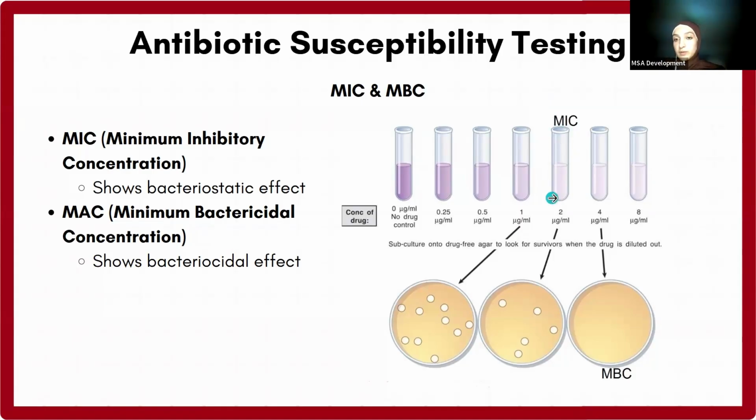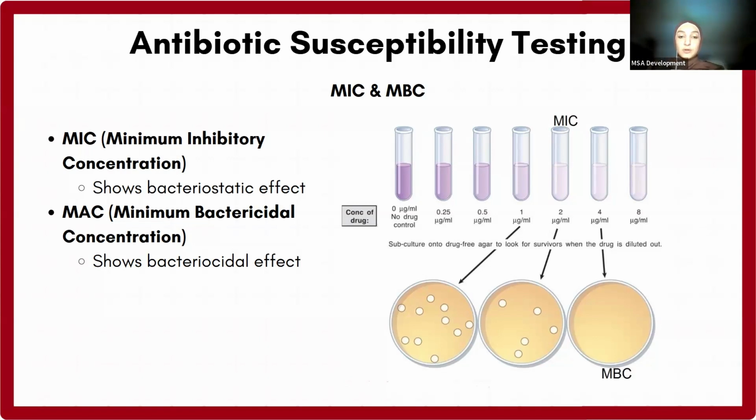We take this broth and we subculture it into drug-free agar, and we look for the MBC. What is the MBC? The minimum bactericidal concentration. So it's the lowest concentration of an antimicrobial agent that kills 99% of the initial bacteria population. I hope that makes sense.